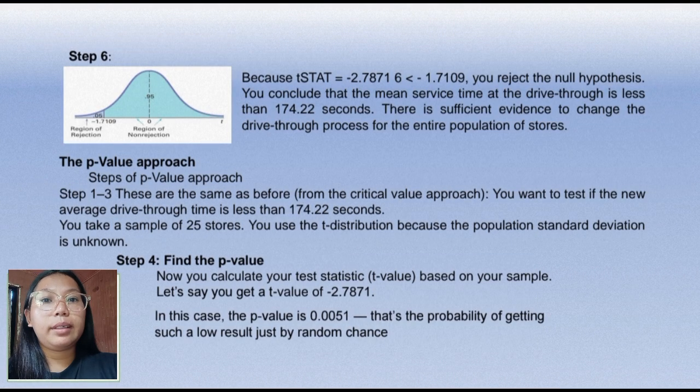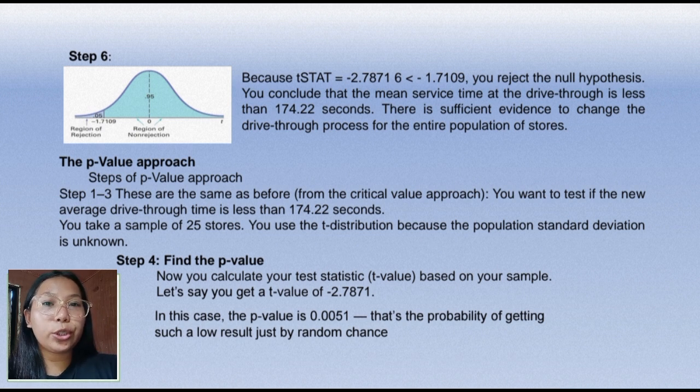negative 2.7871. Since negative 2.7871 is less than negative 1.7109, we reject the null hypothesis. Because our t-stat is equal to negative 2.7871, which is less than negative 1.7109, we reject the null hypothesis.